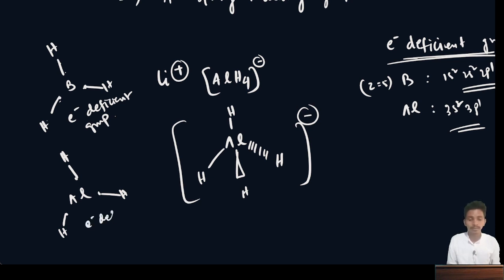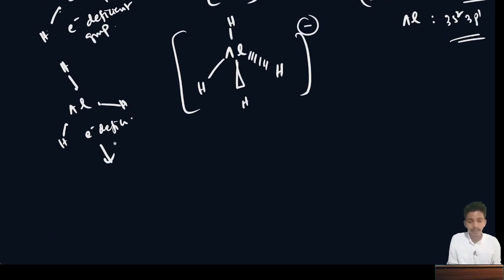But in LiAlH4 minus or BH4 minus, when one more hydrogen coordinately bonds, the octet is completed, 8 electrons, 1 2 3 4 5 6 7 8, but it gets a negative charge.